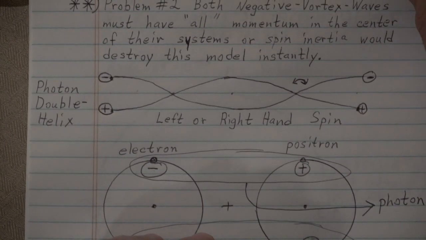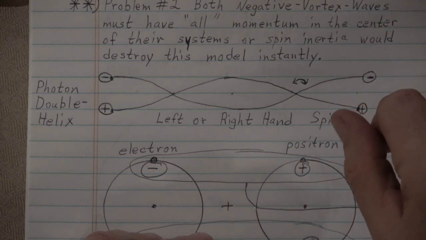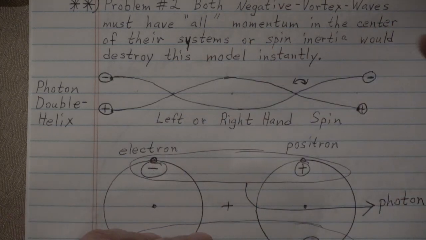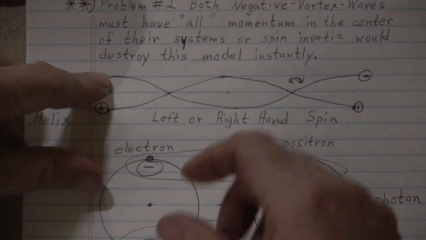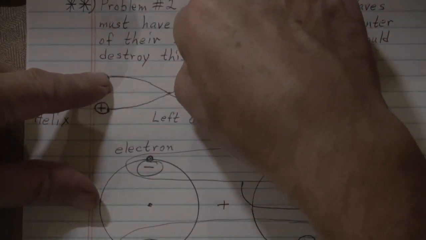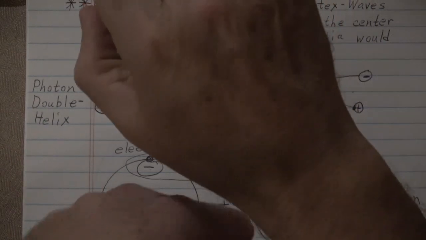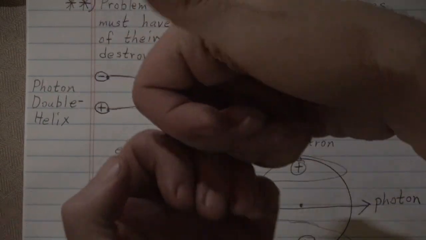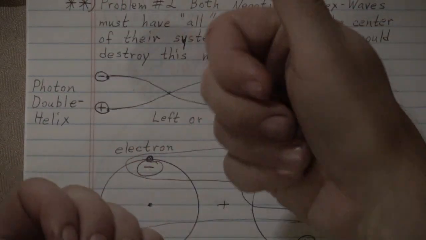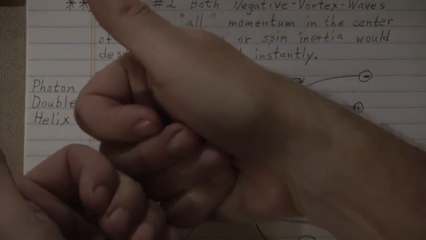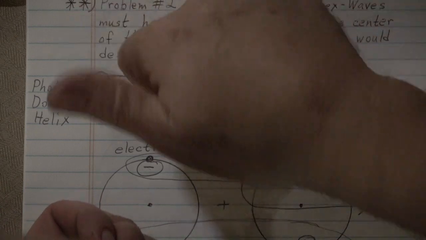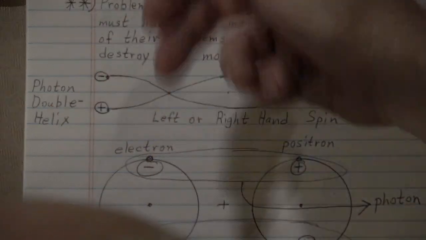What I have found with photons is if you look at the interactions on them, if the negative side hits an electron, they are so connected that before they're even able to spin a little bit, the energy is siphoned.